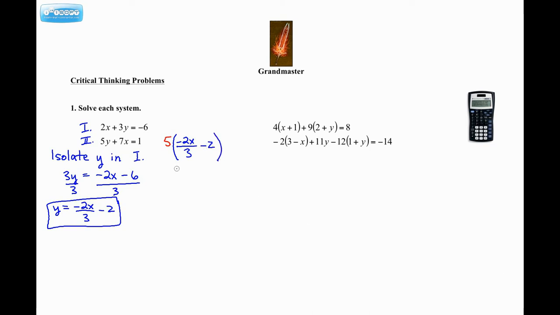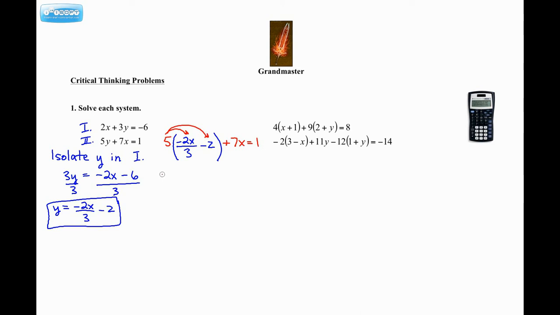So that's my 5y plus 7x equals 1. I just rewrote equation 2 again, but I replaced this y with the y I isolated in equation 1. So you can see why this one is a little bit nastier.